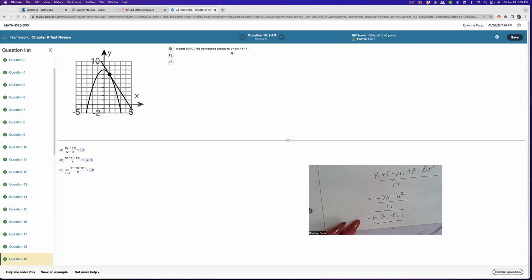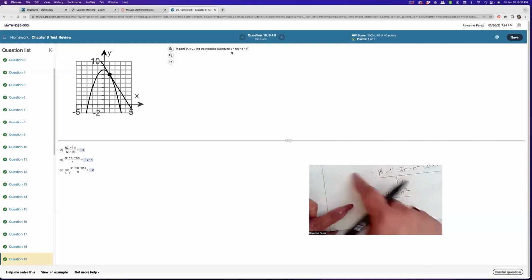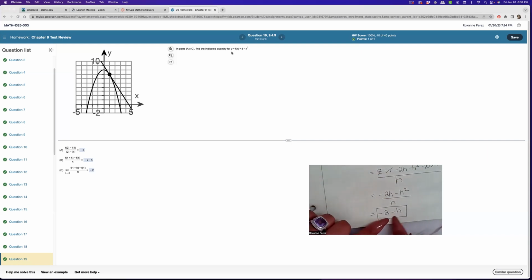Now the same thing for part C. It's asking us to evaluate the limit as h approaches 0 for this function that we're working with. So we've already reduced it to this form. So we just need to evaluate this as h goes to 0. Well, when h goes to 0, this term is just essentially going to disappear, right?